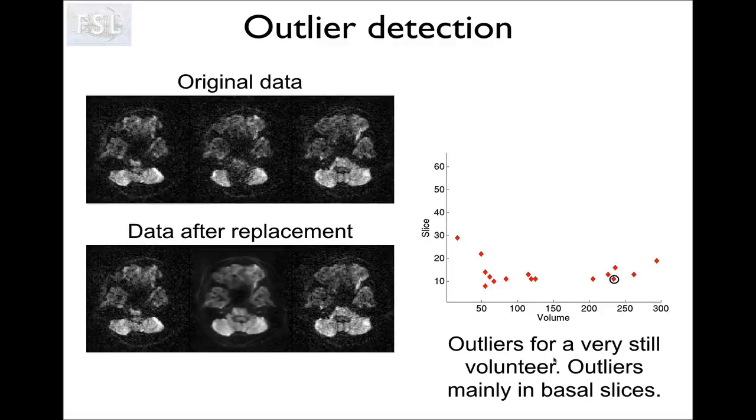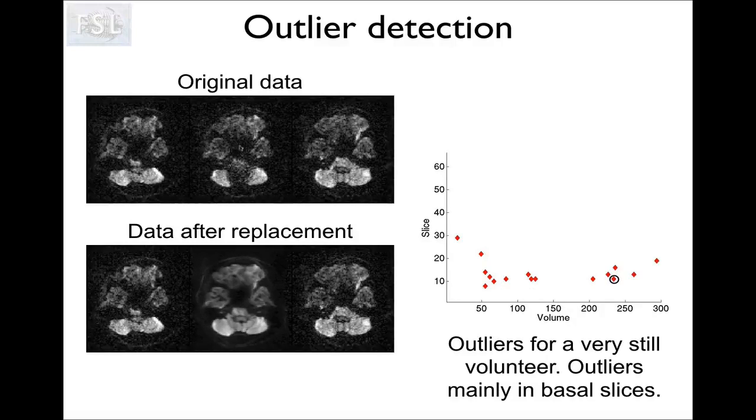So there's essentially no movement at all in this data set. That's the reason why all of these outliers are in the quite basal slices, because they are of the type where you have a pulsatile movement in the brainstem. So these are the volumes with outliers, and this is the slice you can see which has had that outlier.